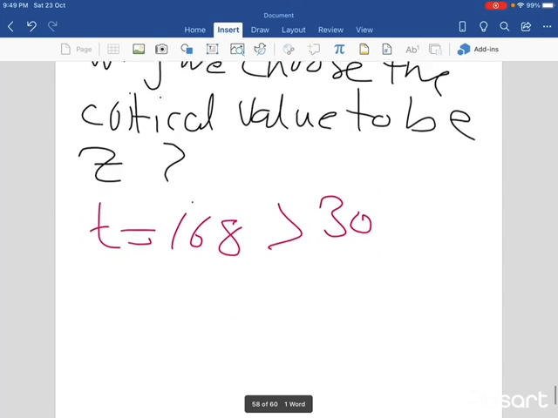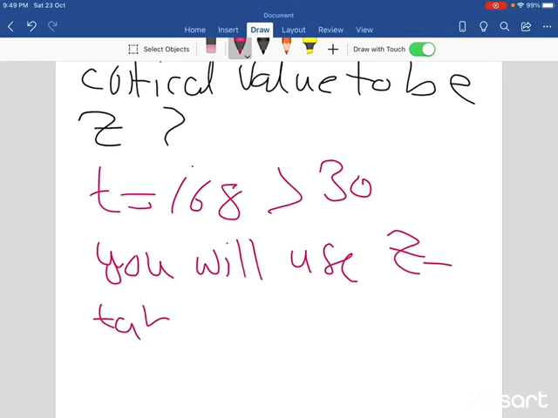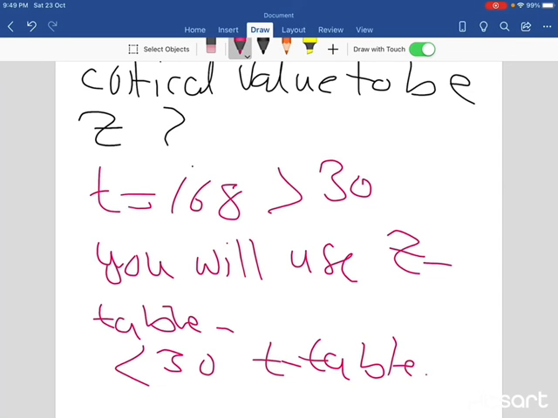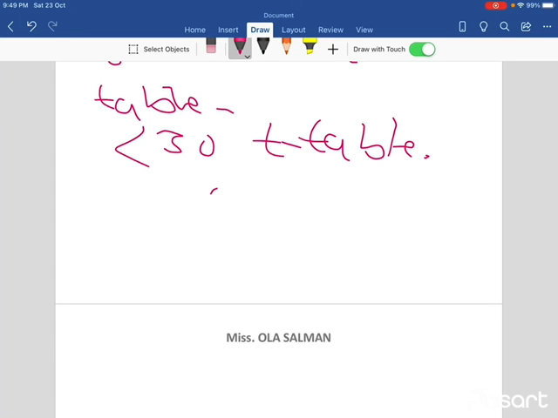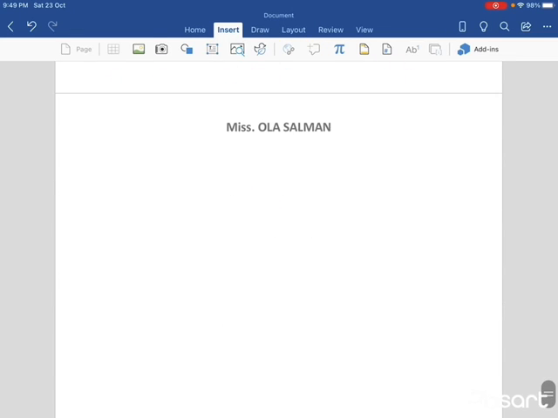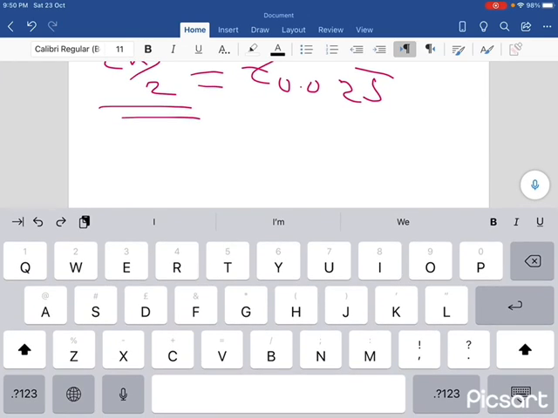If it is greater than 30, you will use the z table. If it is less than 30, you will use the t table. So it will be z alpha over 2, because it is an interval. So it will be z 0.025.